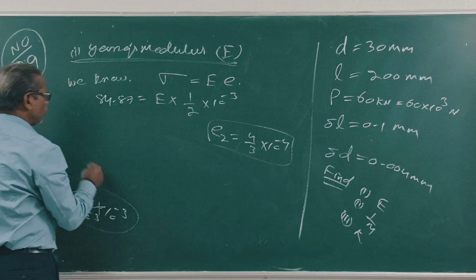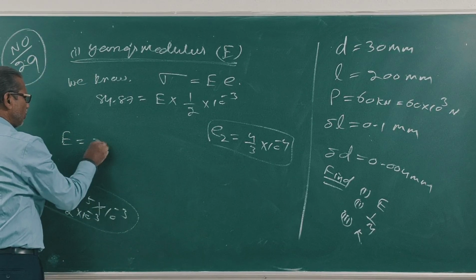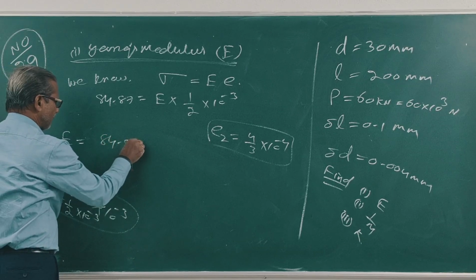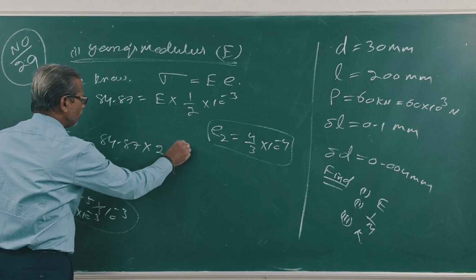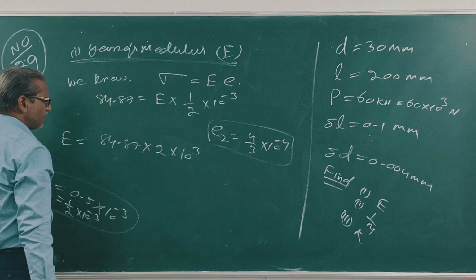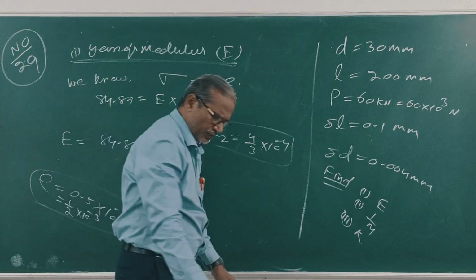Now E is equal to 84.87 into 2 into 10³. Clear?